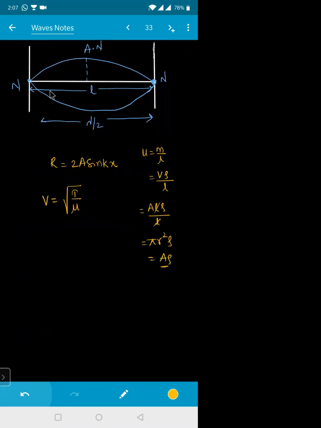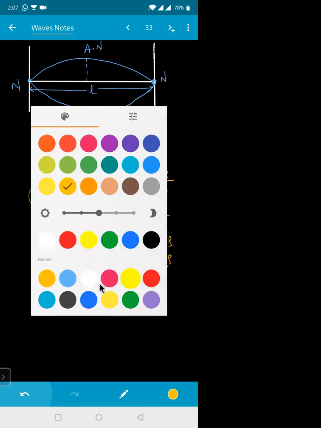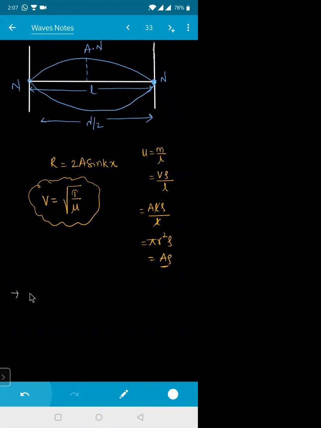So the velocity with which the wave travels is calculated with the formula V is equal to under root of T by mu. If I'm talking about the fundamental mode of vibration, in the fundamental mode, L will be equal to lambda by 2.